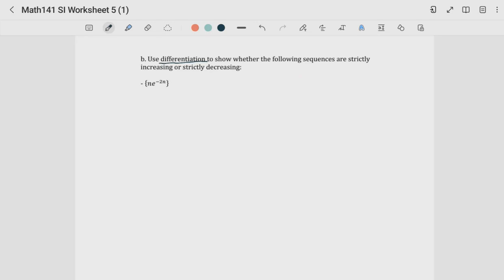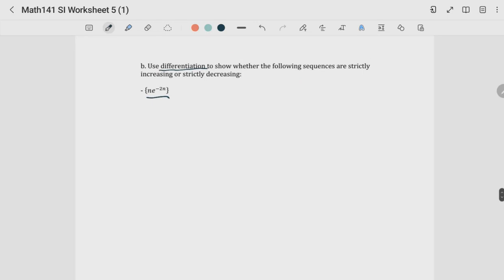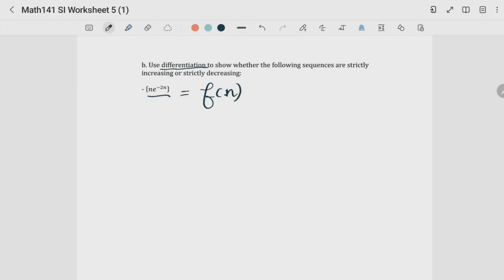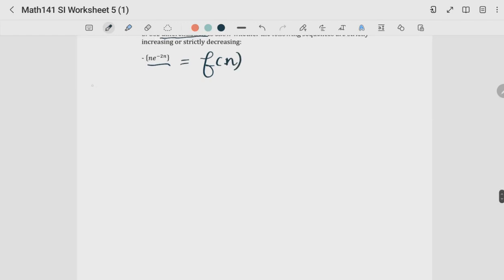Well, we know that if we let the sequence that's given to us here, which is n times e to the negative 2n, be equal to our f of n, right, function in terms of n, now the derivative of f in terms of n, which is f prime of n, is equal to what?